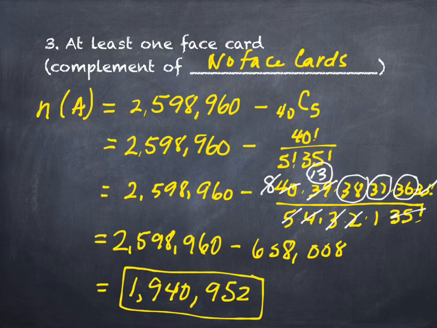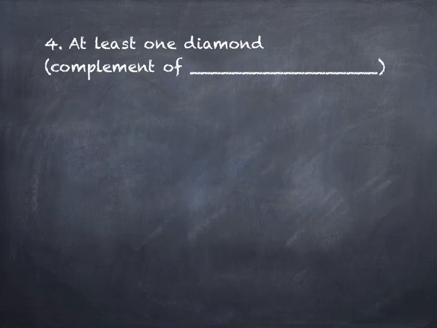Okay. Let me try another one. A hand that has at least 1 diamond. What's the complement? No diamonds. This is not rocket science, right? But you have to pause and ask yourself, because if you try to actually figure out the at least 1 diamond situation, that is a much more difficult situation. And let me tell you why.